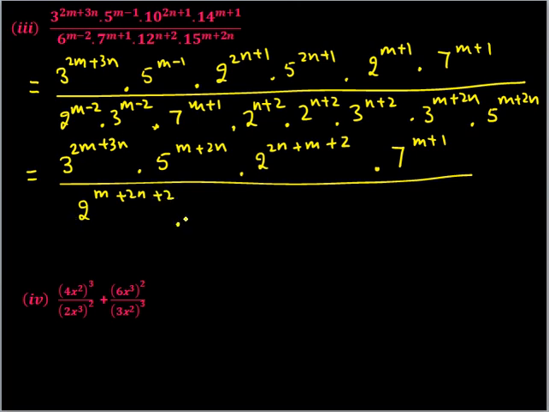Then let us see how many numbers have got base 3. So 1, 2, 3. Three numbers are having base 3. So they can be collectively written as single number with a base 3 and the exponents get added. So let us add their exponents. So first one is having exponent m minus 2. To this we will add n plus 2.